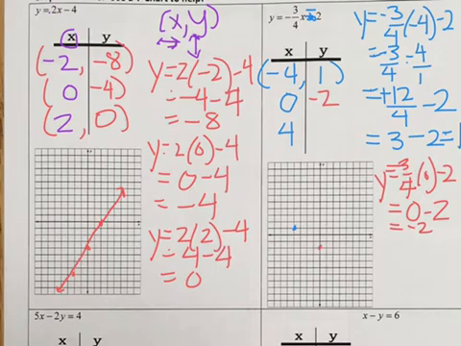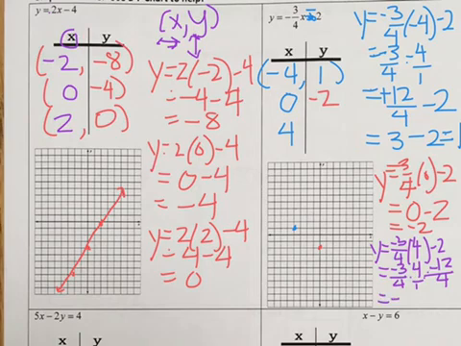The last one is a positive 4 this time. So we have a negative 3/4 times 4 minus 2. So just like we did earlier, we have negative 3/4 times 4/1, and you multiply across, which is negative 12/4. That's also the same thing as negative 12 divided by 4.